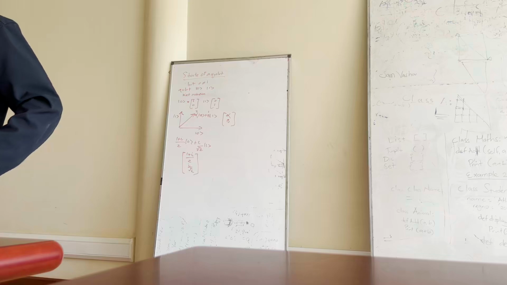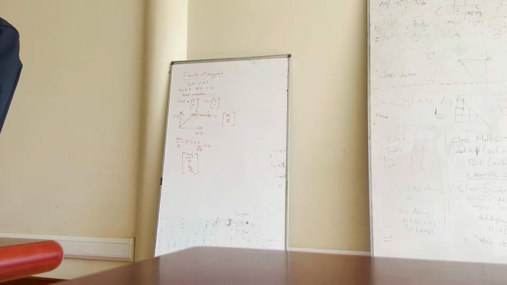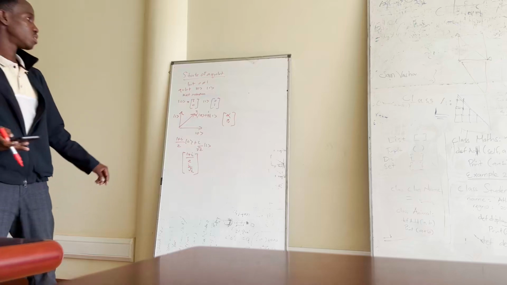Just to wind up, there's what they call the normalization constraint, which says that the sum of the squares of the absolute values of the coefficients is 1.